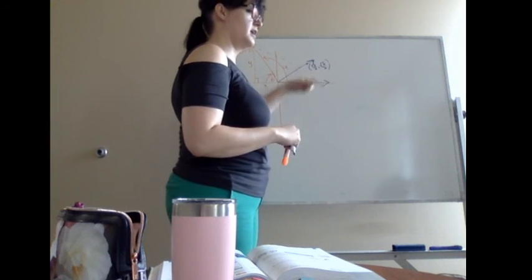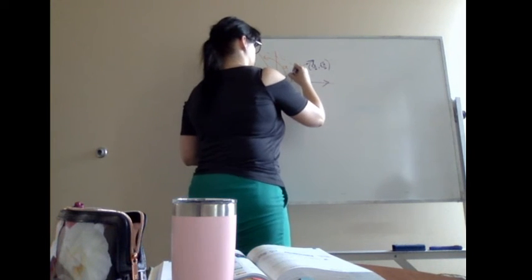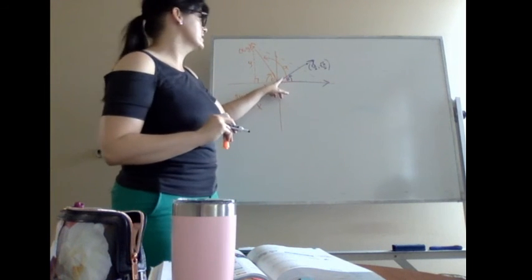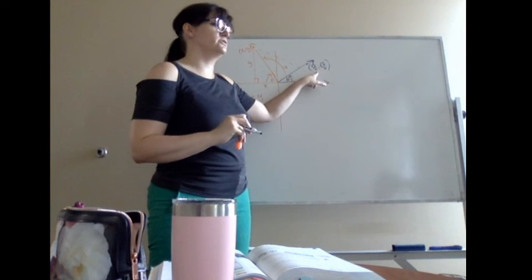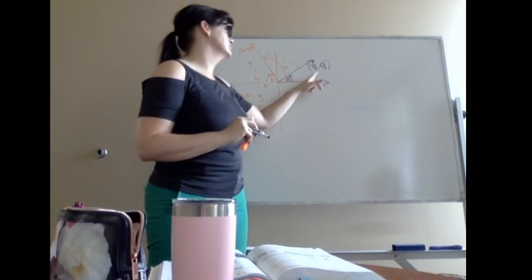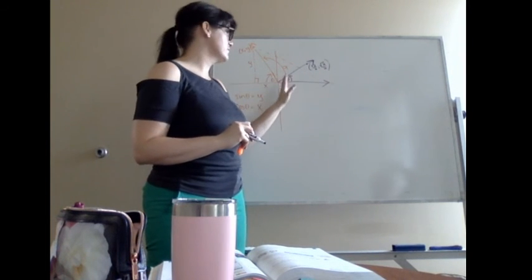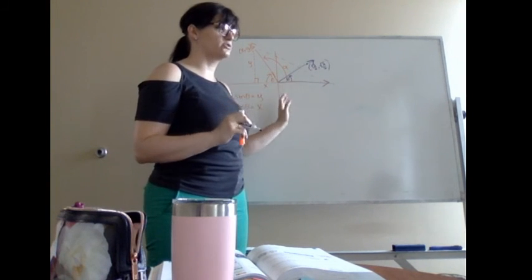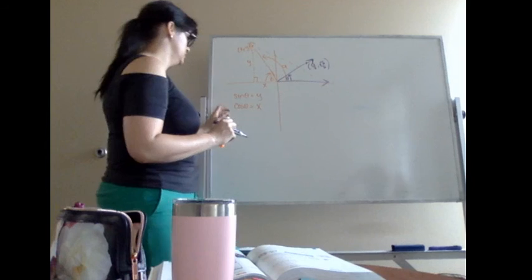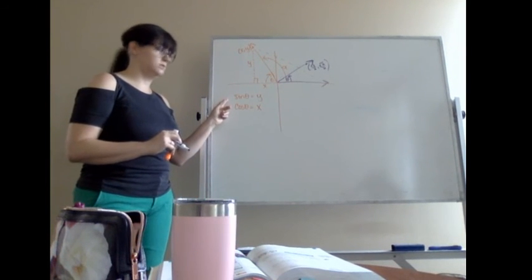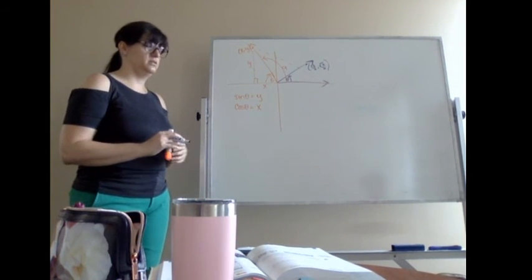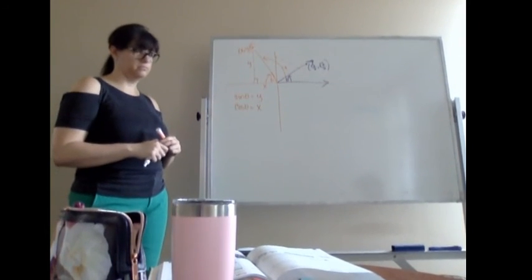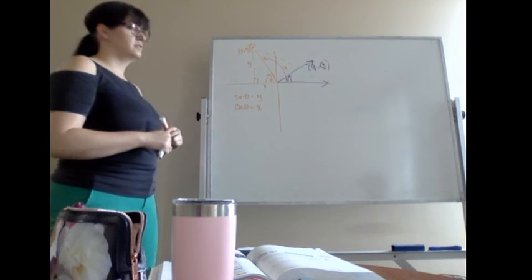I know that referring to this angle right here, the cosine of this angle is rad 2 over 2. The sine of this angle is rad 2 over 2. Even though I don't know what that angle is, if I drew a triangle and actually calculated it out, my y-coordinate would be my sine, and my x-coordinate would be my cosine. Does that make sense? Good. Then we can use those to find everything else we need.